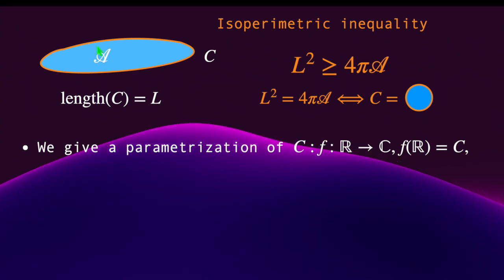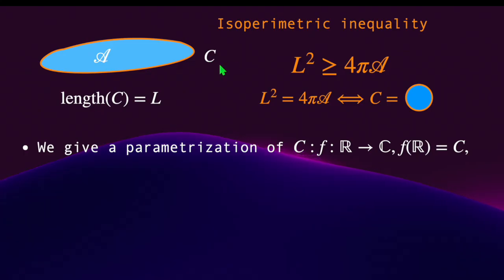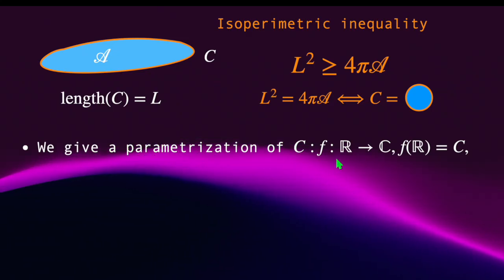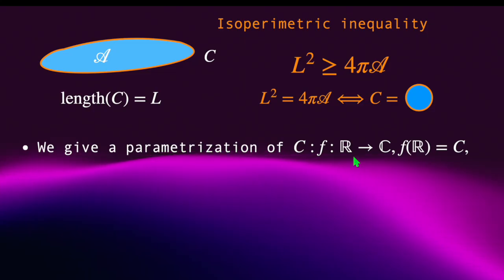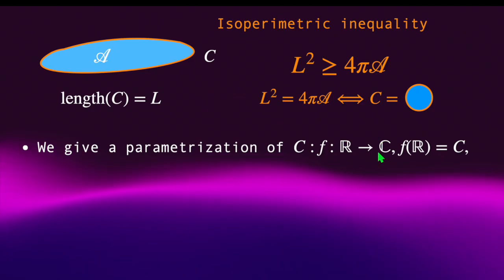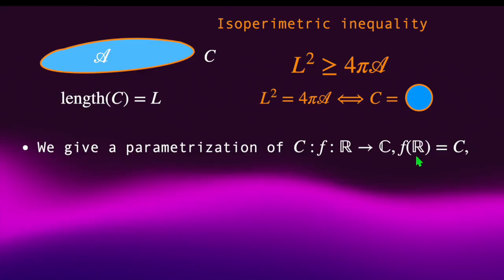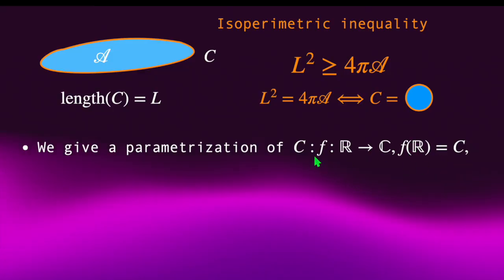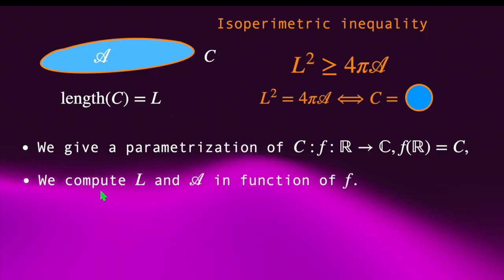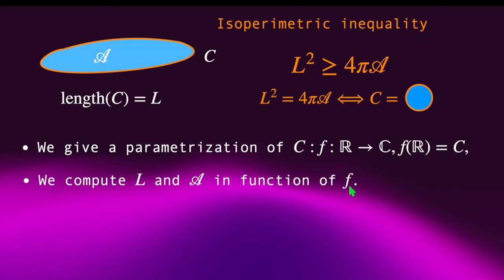We have a geometric situation here, so we start by giving a parameterization of the curve C. This means that we give a function f from R to C. We identify the plane as C, such that f(R) is equal to C. Of course, f must be periodic of period L. And we will compute the perimeter and the area in function of f, as we have done in the case of the circle.